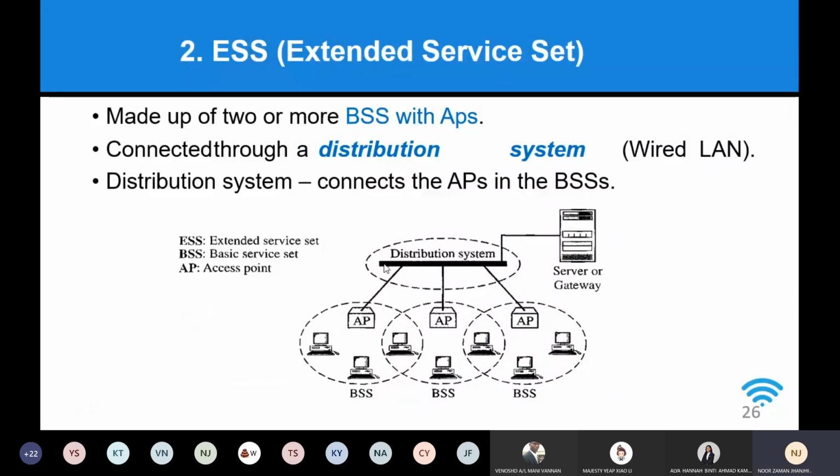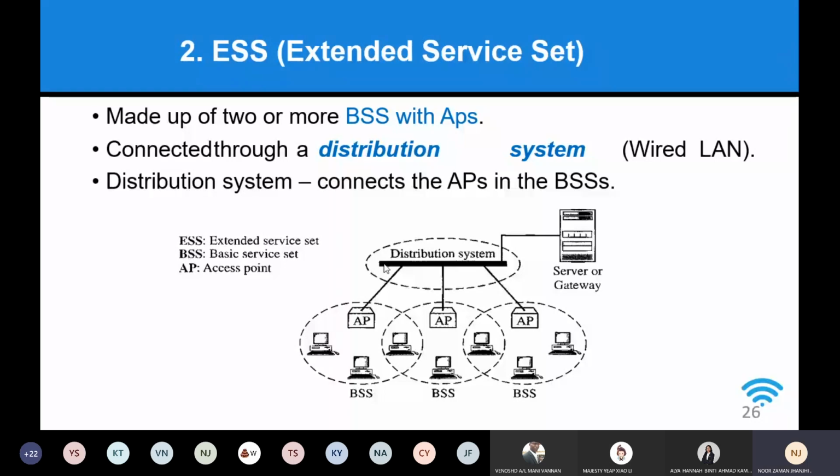Going ahead, in this figure you can see that this is the ESS model. The ESS model is the extended service set. It means when we have multiple BSS, how we can interconnect them, or how they are connected with each other. That model is known as the ESS.